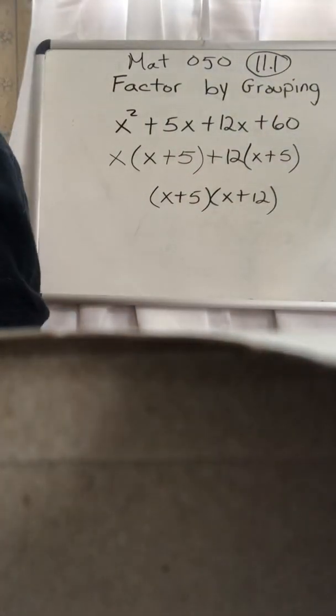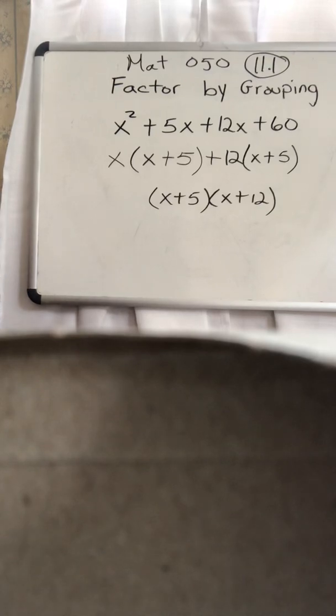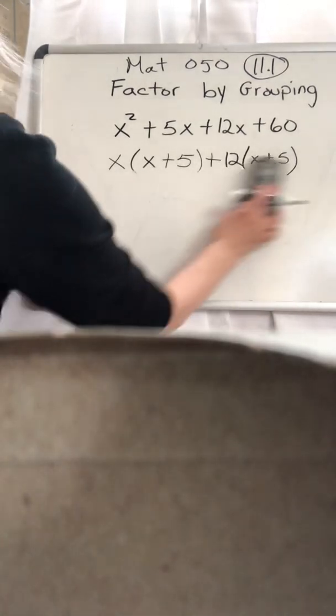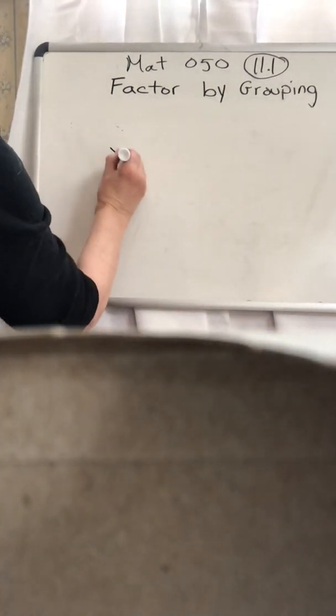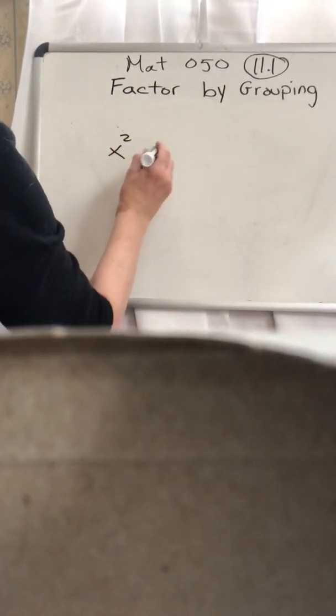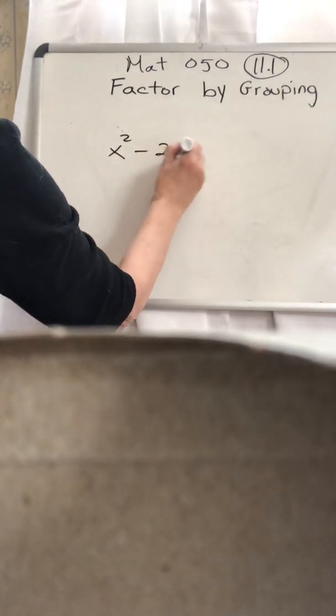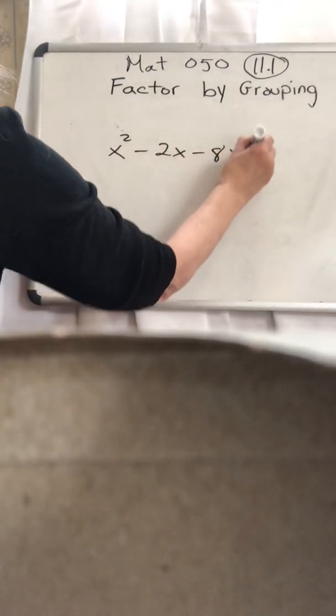Okay, so let's look at the next one, which is You Try It 7. No, wait a minute. I jumped ahead. Number 5, sorry. So number 5, we've got x squared minus 2x minus 8x plus 16.